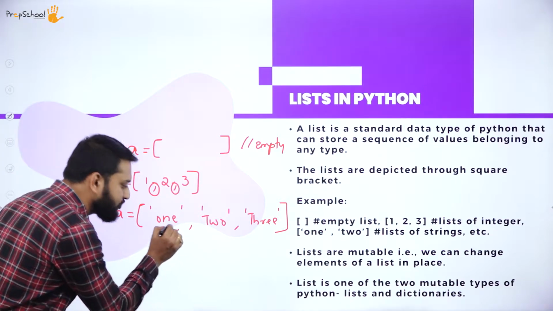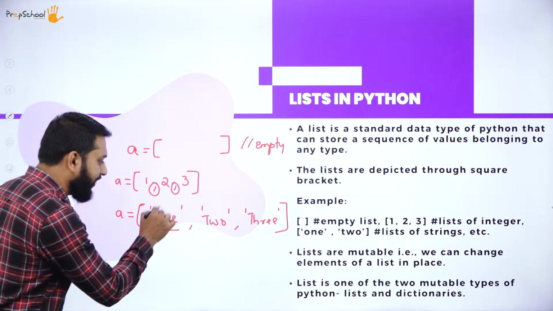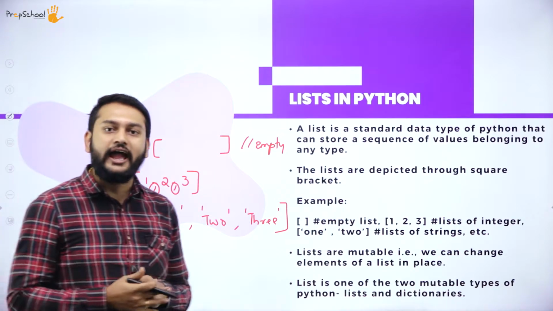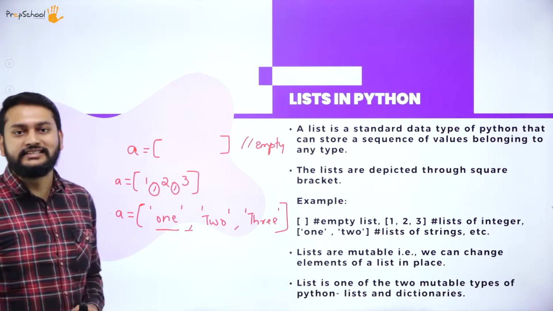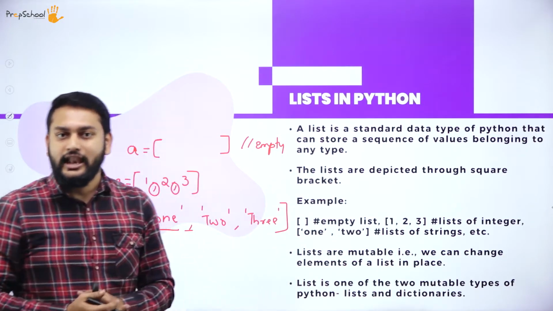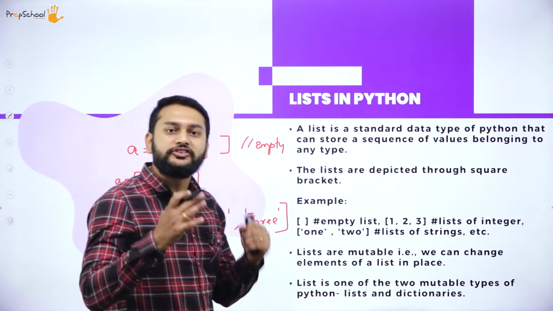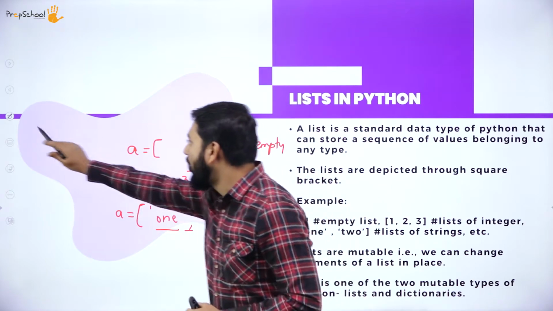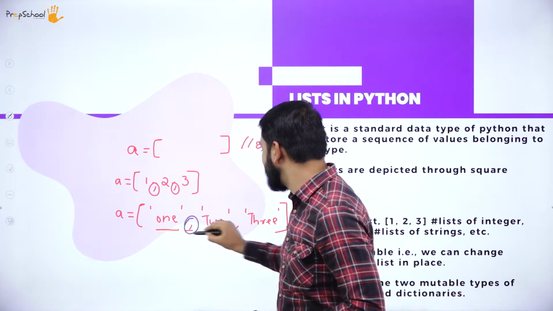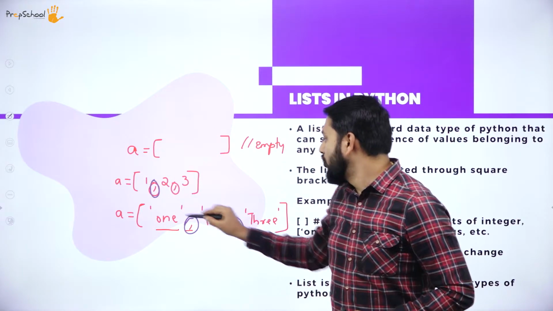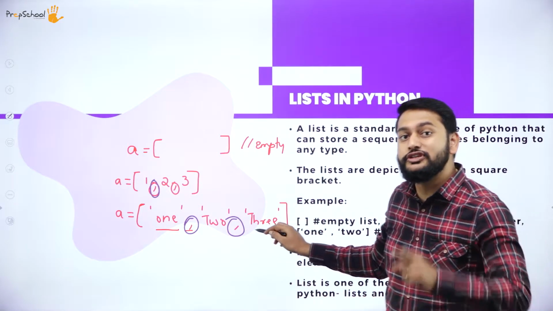For each and every string, I have enclosed it with the quotes, followed by the comma. Please understand that. After each and every element, I will be using this comma operator. This is an example for string.